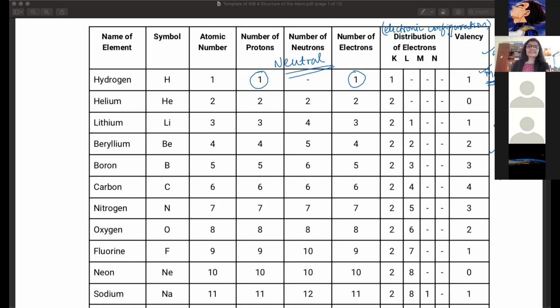Yes, Samriti. If it has a positive or negative charge, we call it an ion. Ma'am, I thought you asked about a gas which has no charge, doesn't react. Neutral is basically no charge. If there is a charge, then it's called an ion.